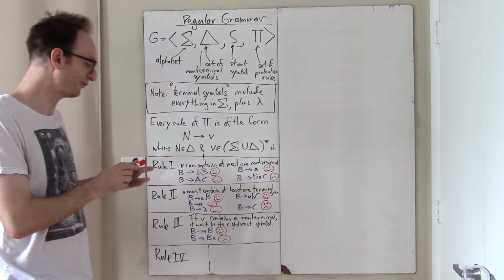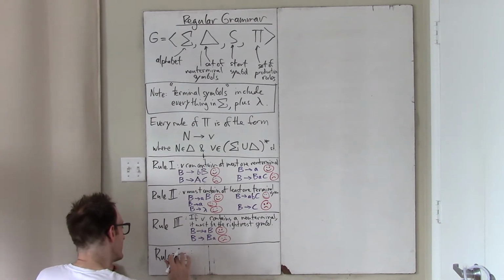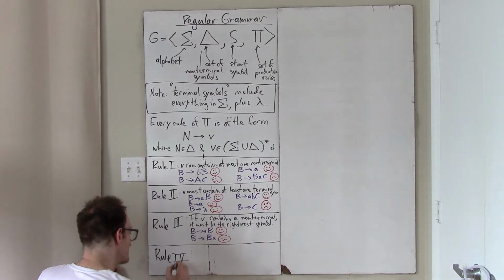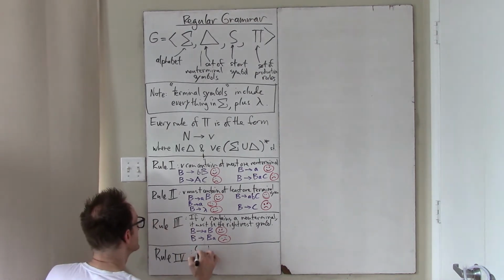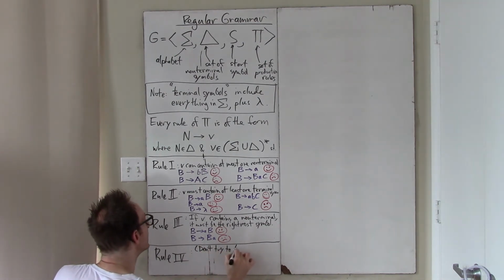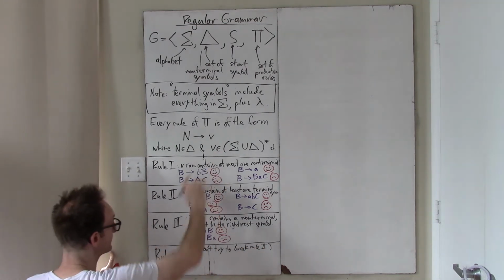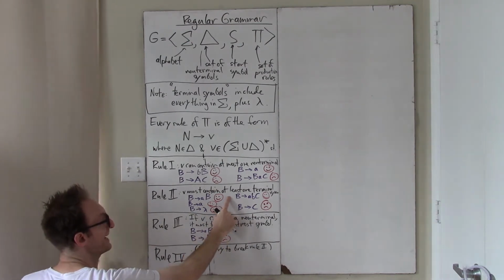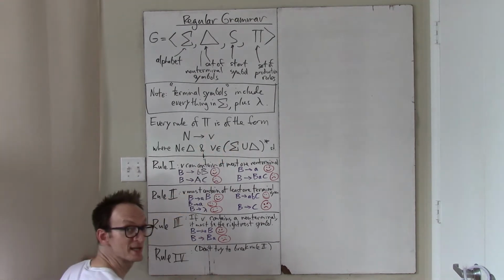Okay, Rule 4 is difficult to understand, but you can think of Rule 4 as saying, don't try to break Rule 2. Rule 2 says that you have to contain at least one terminal symbol, but lambda is a terminal symbol.